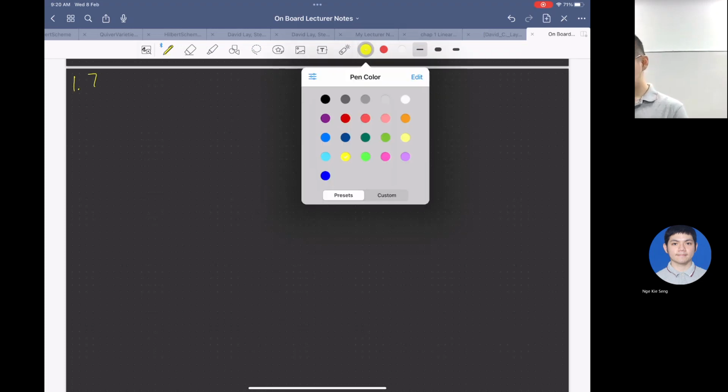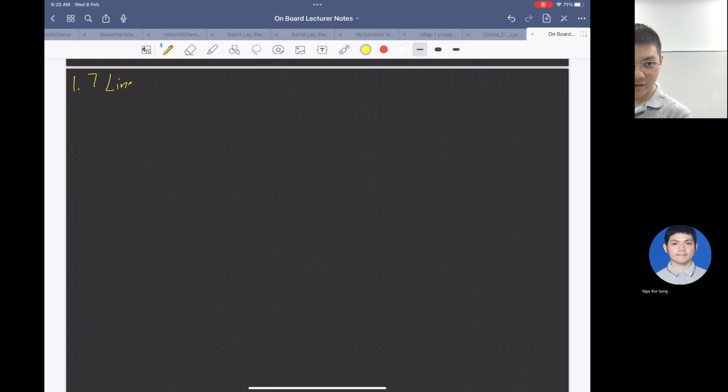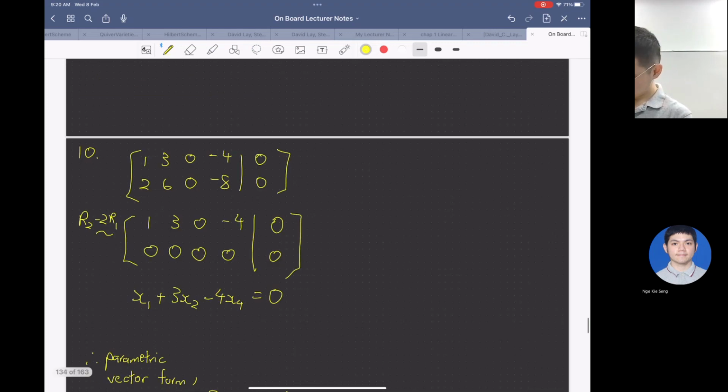You will keep seeing linear combination and linear independence, and we will keep using the word linear, because there's no square involved. After all, this course is called linear algebra, so everything is linear here.